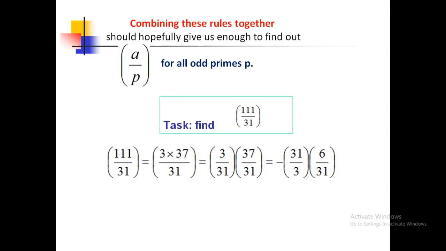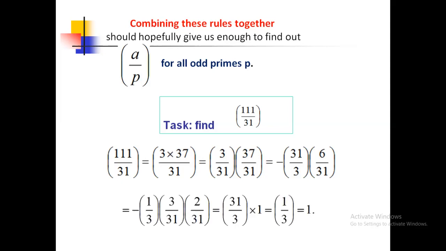Using the reciprocity property, we write (3/31) as (31/3). Again, (37/31) becomes (6/31), by one of the properties we saw in the previous slide.